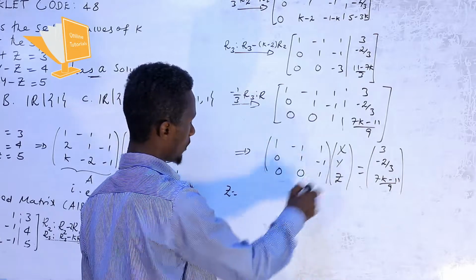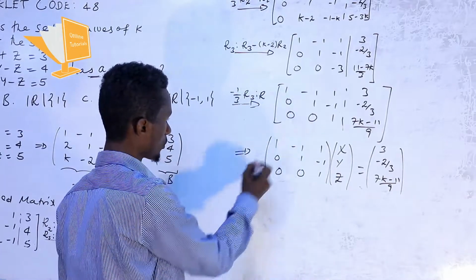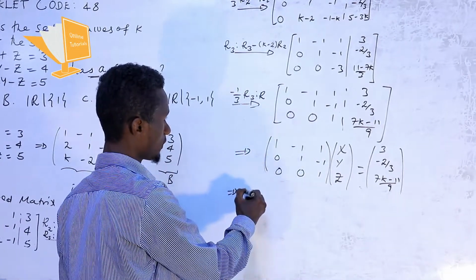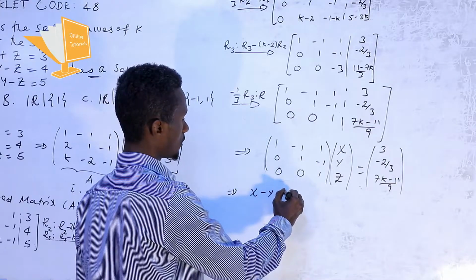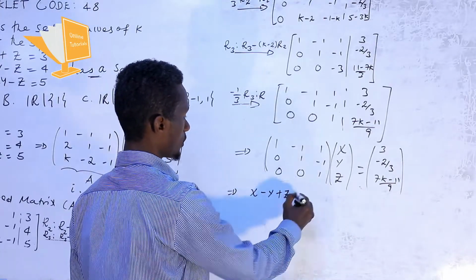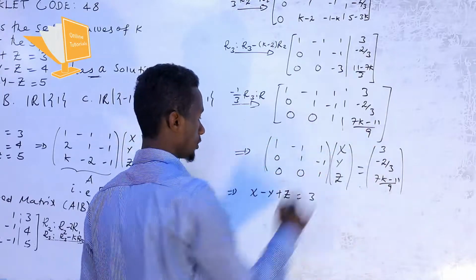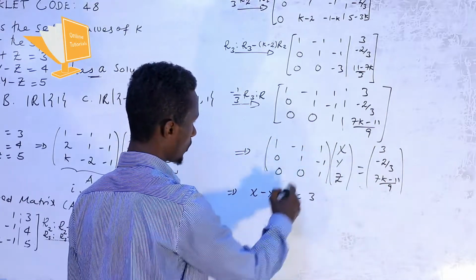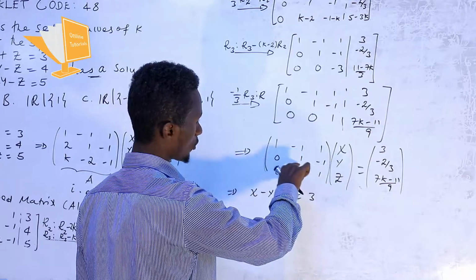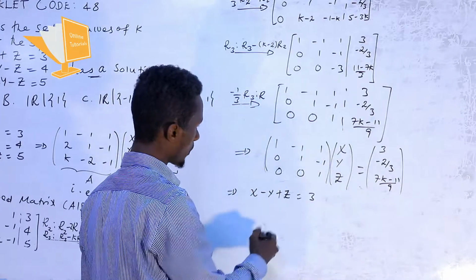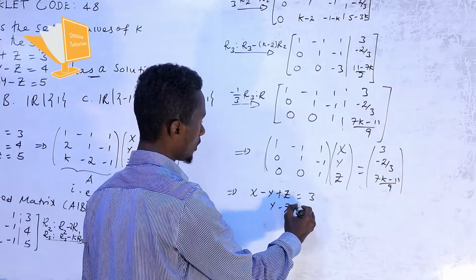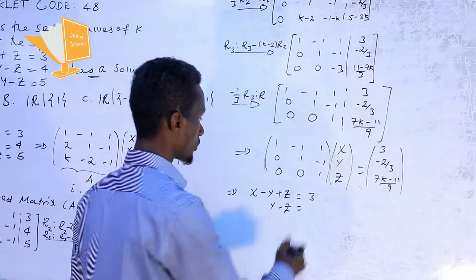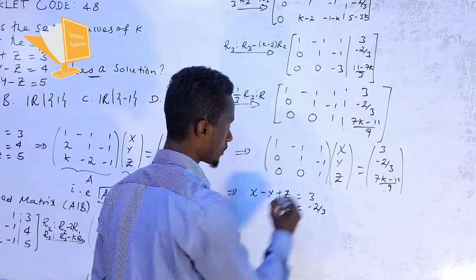z አገኘን. አሁን ይሄ multiply ስናደርገው ምን እንደሚሰጠን, this also implies that x minus y plus z, which is equal to 3 ይሰጠናል ማለት ነው. ከዚህ equivalent ማድረግ እንችላለን. So now when you multiply this by the second row, በኮለምን ማስክ ስናባዛ, ይሄ ደግሞ ምን ይሰጠናል? y minus z, which is also equal to minus 2 over 3 ይሰጠናል.